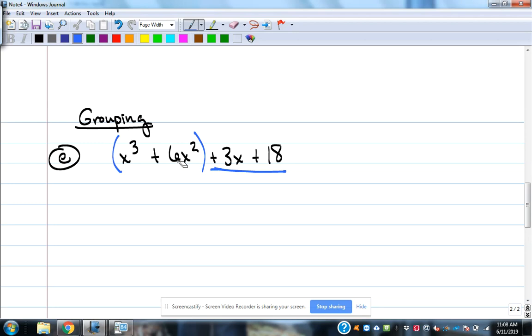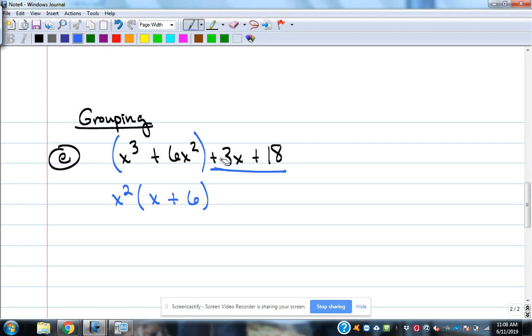Remember, we're always going to take the smallest number on the variables. So that's going to be x squared. What times x squared would get me this x cubed? Just an x. What times x squared would get me 6x squared? 6. All right. So we've factored the first half using GCF.